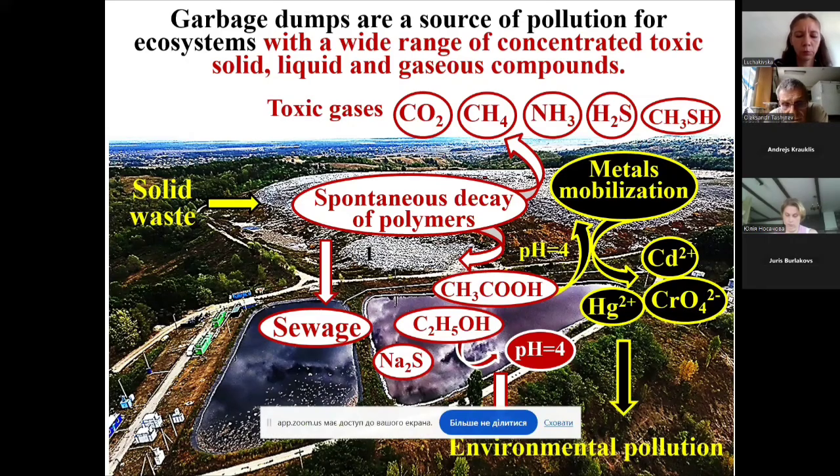Close to these toxic compounds are soluble end products of spontaneous decaying of organic polymers. There is a wide range of toxic acids and alcohols. And what is the most dangerous is that the organic acids mobilize the metals in these dumps. Due to this negative effect, the toxic metals are involved in the biological cycles.